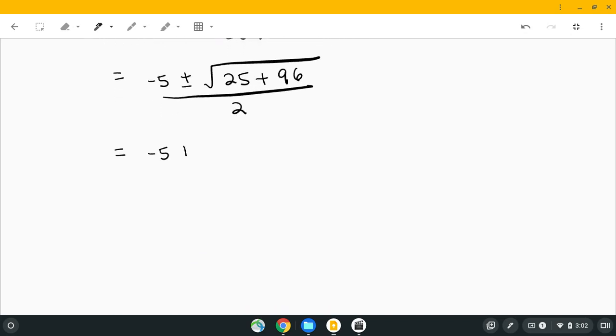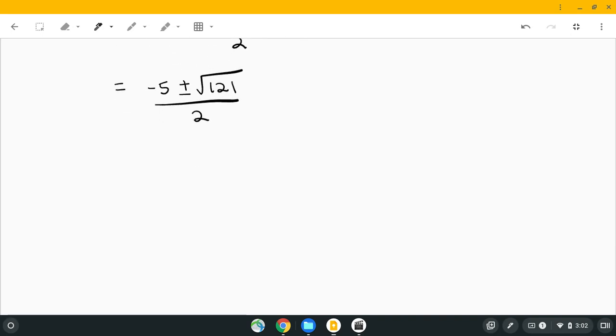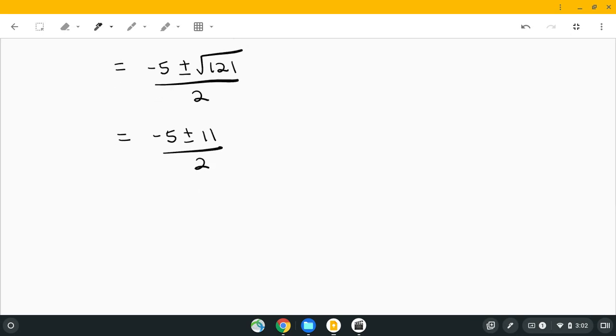Simplifying this, negative 5 plus or minus the square root of 121 all over 2. The square root of 121 is 11. And so here I can do my two answers: negative 5 plus 11 divided by 2, and the other answer, negative 5 minus 11.